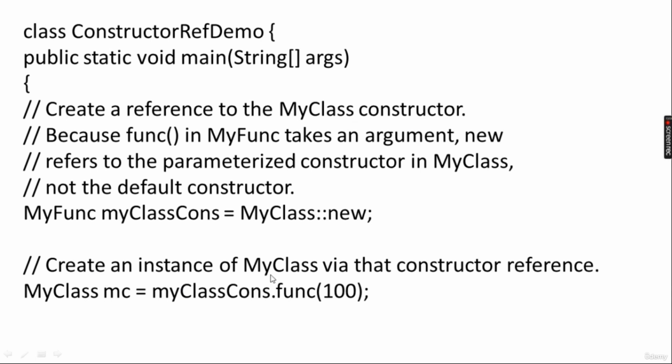Now create an instance of my class. Create an object of my class via the constructor reference. So this is the constructor reference dot function, in the bracket 100, and this will be creating the object of my class, mc. Why creating an instance?